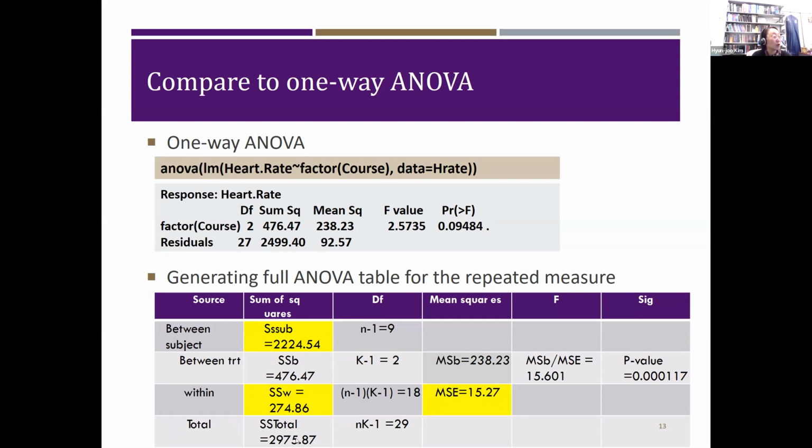Now we know all these numbers but SS sub. SS total is the sum of all these sums of squares, so from 2,975 you subtract these two numbers, and we can come up with SS sub.